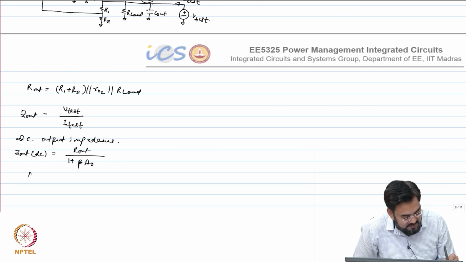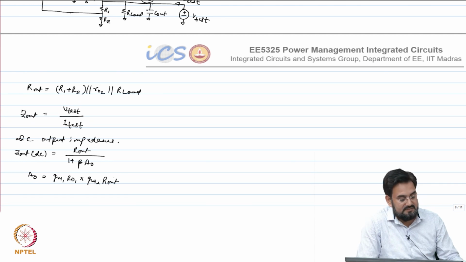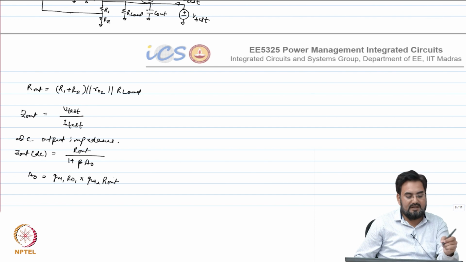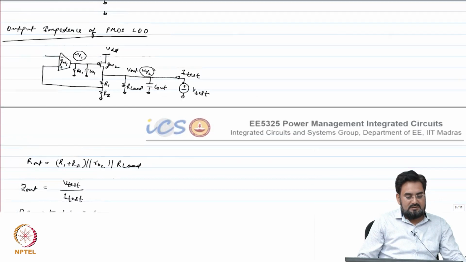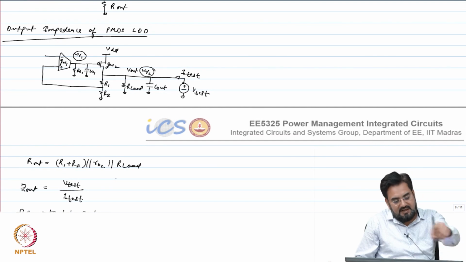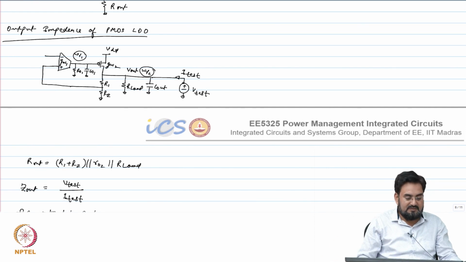What is A naught? Okay. So this is your overall gain. Now, what happens if we have a capacitor? What will happen to your transfer function?